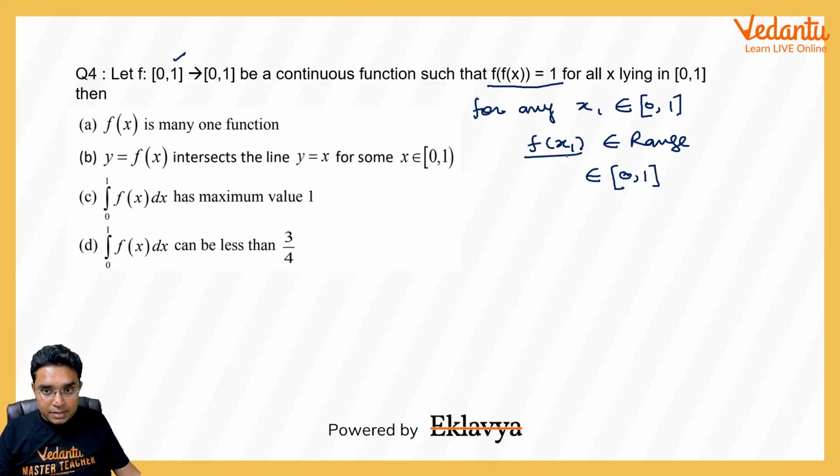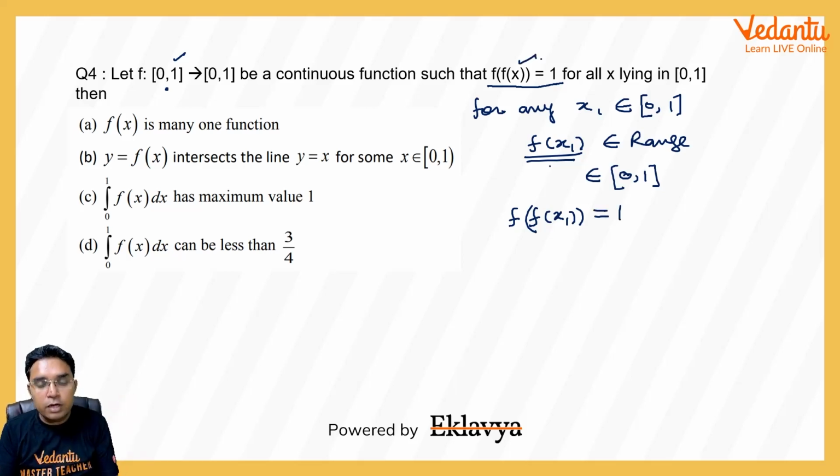Now, because this element that is lying in the range will be in the domain also, and if I consider this element in the domain and I try to take the value of the function at this, f of f(x1), then it has to be 1 from this relation. So what important thing I have concluded from this is that whatever elements are there in the range, if you consider them in the domain, the value of the function at all those elements has to be 1 only.